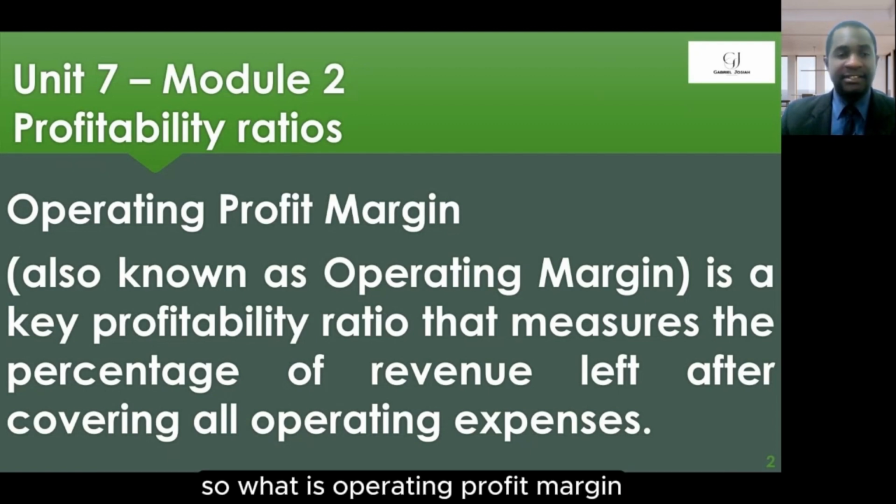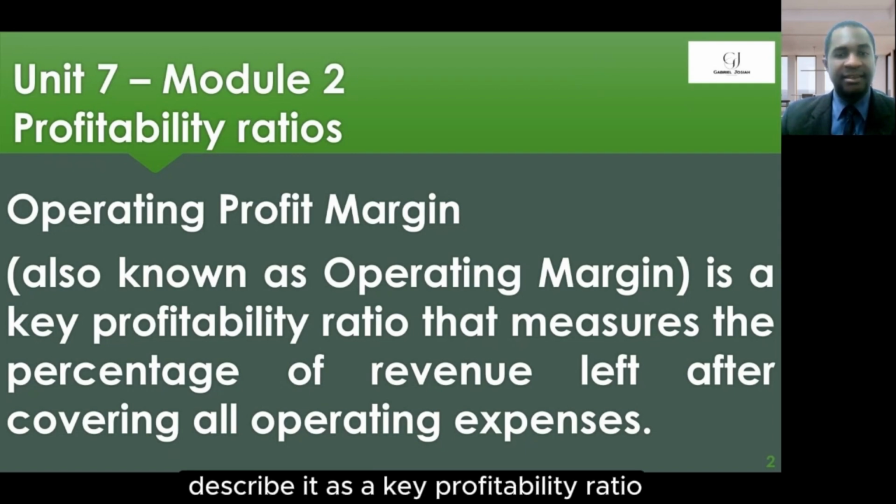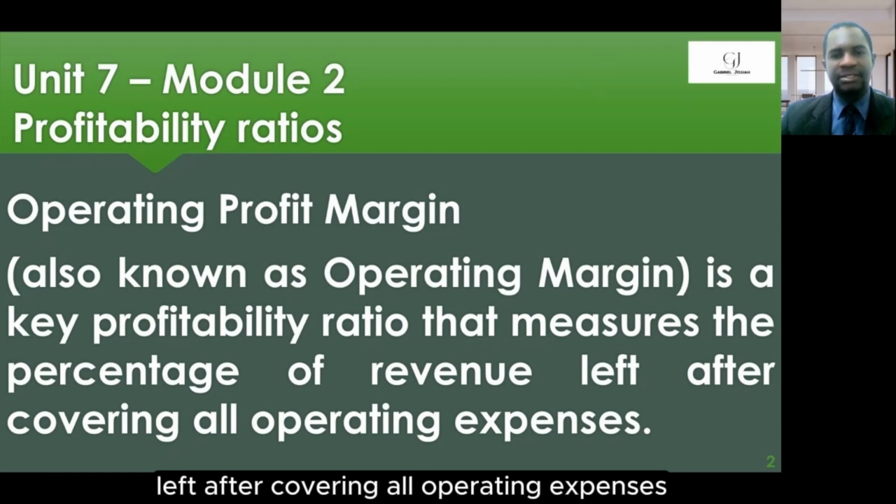So what is operating profit margin? You can describe it as a key profitability ratio that measures the percentage of revenue left after covering all operating expenses.